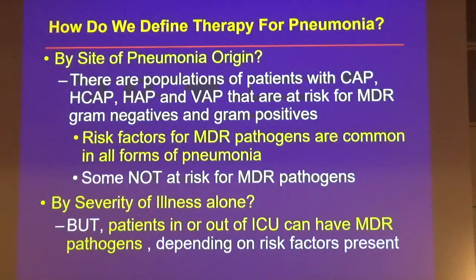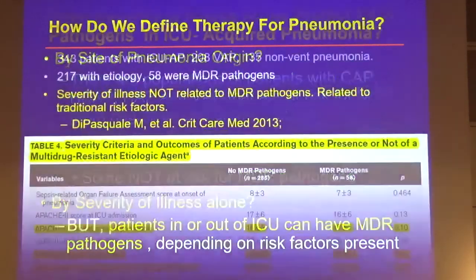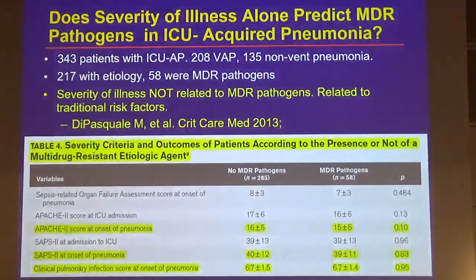Severity of illness, on the other hand, is an important factor, but maybe not in and of itself enough to determine by itself the way we treat pneumonia. So in other words, not all ICU patients per se have to be treated in the same way, because some are and some aren't at risk for different pathogens. And this study from several years ago asked the question whether severity of illness alone predicts bacteriology in ICU-acquired pneumonia.